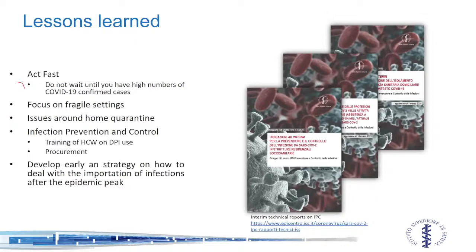Another very critical issue is infection prevention and control, and it is actually one of the greatest efforts we are making, trying to guarantee to all people the right training and the right tools. And in a crisis time like this, the procurement of all the needed tools is another very critical issue. At the moment, testing material is also critical, because reagents and other such things are sometimes difficult to find on the market.